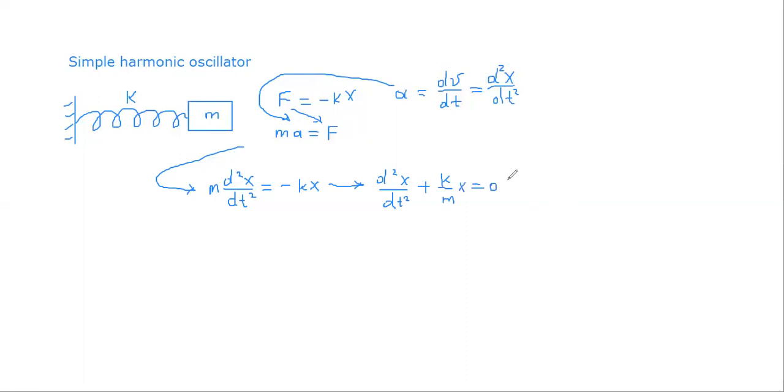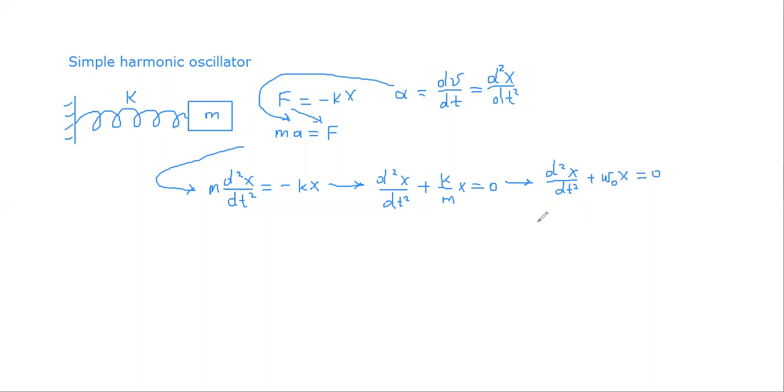Okay, and let's write this differential equation in another form: d2x by dt2 plus omega 0 squared x is equal to 0. So this can be obtained from mechanics.